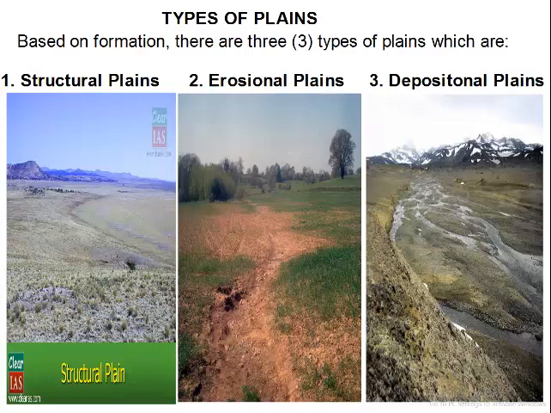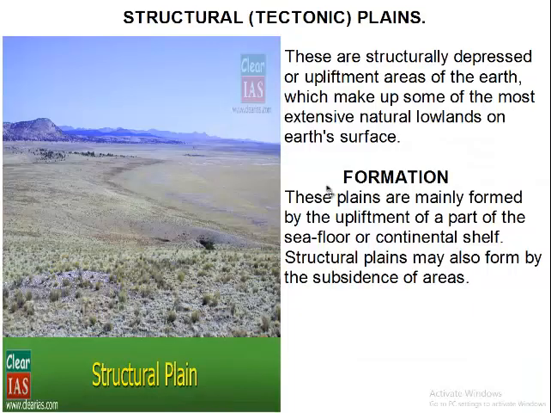Without wasting time, let's look at the structural plains. When we talk about the structural plains or the tectonic plains, these are structurally depressed or upliftment areas of the earth, which make up some of the most extensive natural lowlands on Earth's surface.